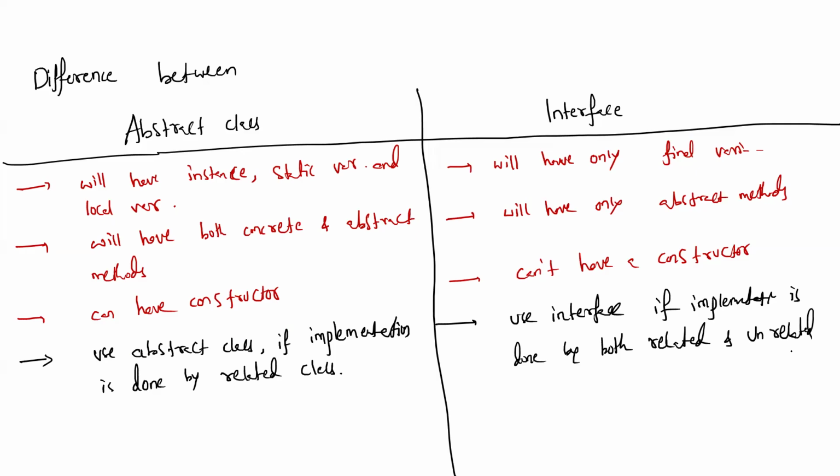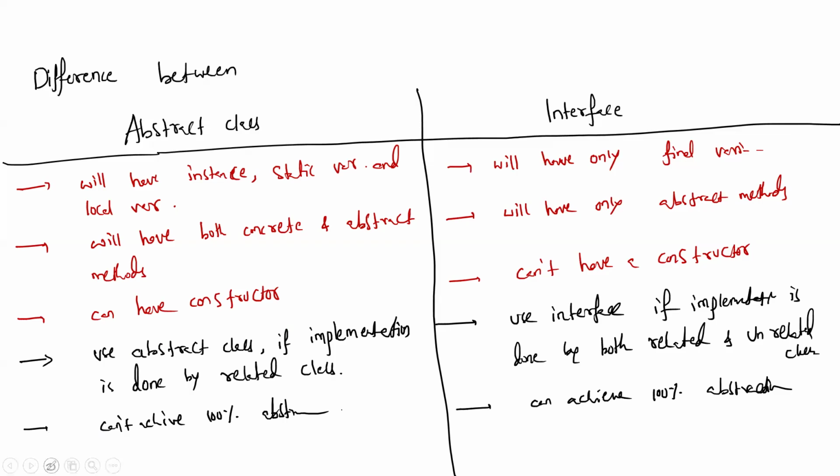One more difference is we can't achieve 100% abstraction using abstract classes, and we can achieve 100% abstraction using an interface. So these are the various differences between abstract classes and interfaces.